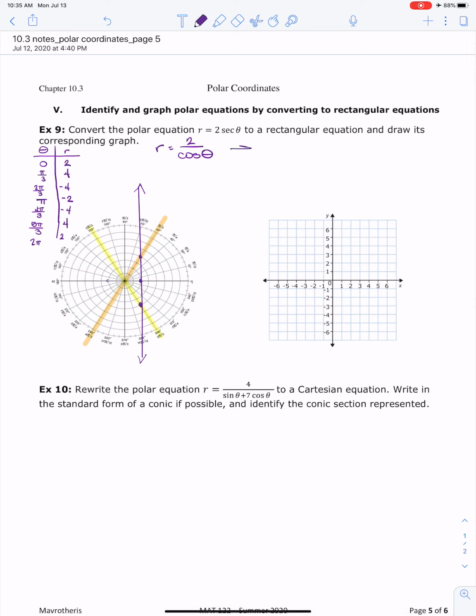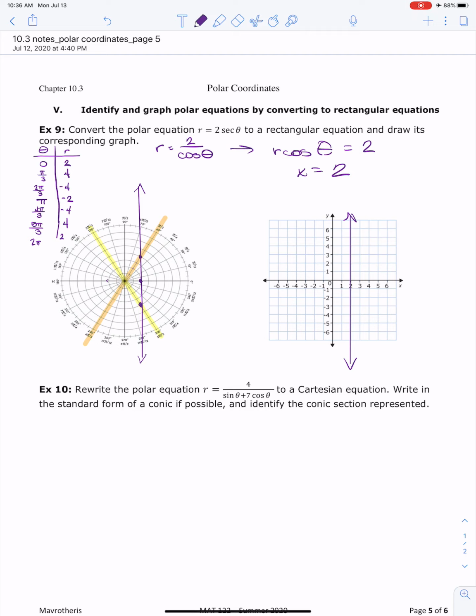So this, I'm going to multiply both sides by cosine of theta, because I know that R cosine theta equals x. And so now I get this, x equals 2, which is this line right here.